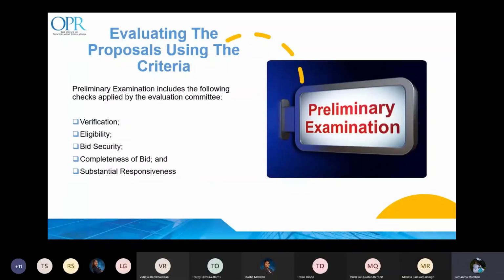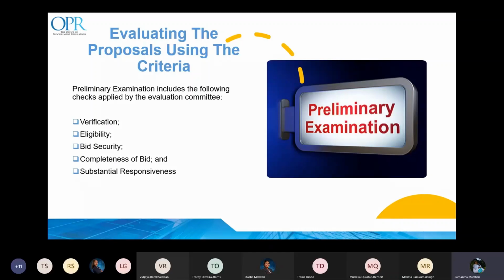Completeness of the bid. Unless the bidding documents have specifically allowed partial bids or quantities, bids not offering all the required items should be rejected. Erasures, interlineations, additions, or other changes that have been made should be initialed by the bidder.